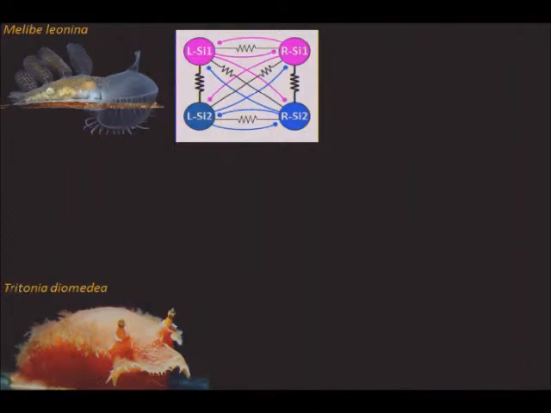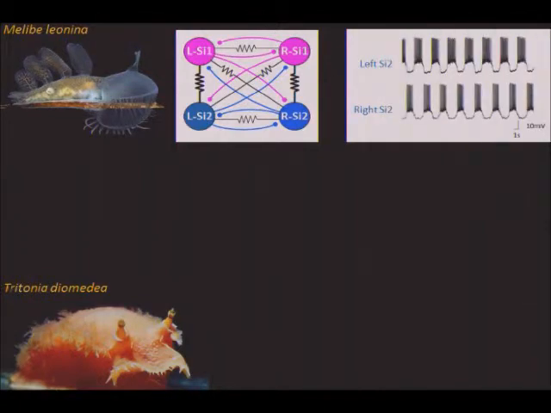So what you can see is that there's strong electrical coupling ipsilaterally and mutual inhibition contralaterally. And this creates a rhythmic pattern of discharges where the left swim interneuron 2 fires in alternation with the right swim interneuron 2. So you get left, right swim movement. So you can read the behavior right out of the pattern of discharges from these neurons.